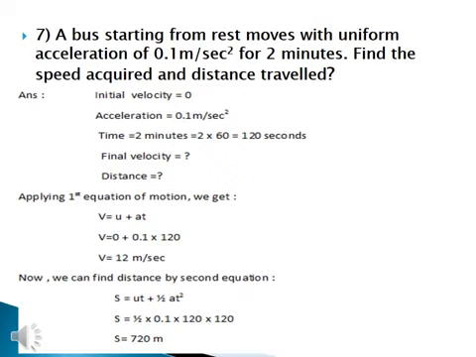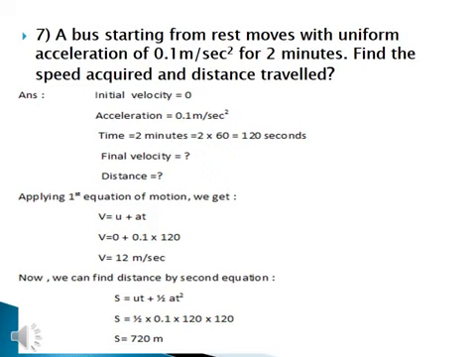Time t is equal to 2 minutes, which we have to convert into seconds, that is 2 into 60 is equal to 120 seconds, since 1 minute is equal to 60 seconds.